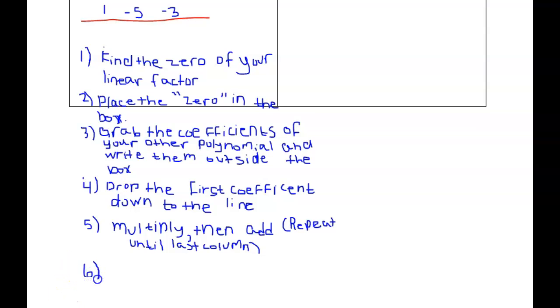Once you get to the end, you are going to drop in your variables, starting with 1 degree less than what you began with.